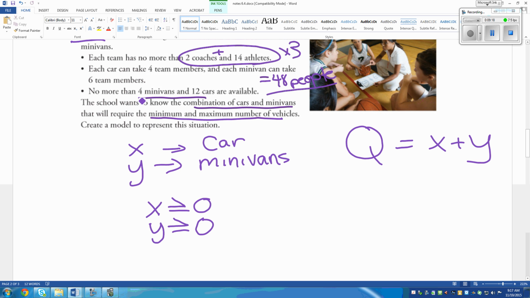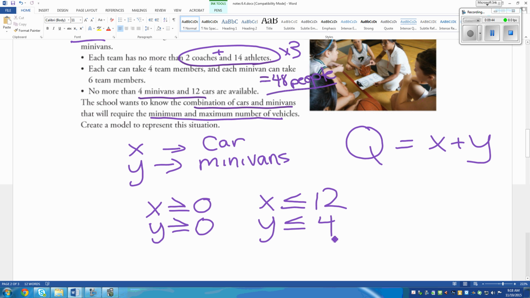There's 4 minivans and 12 cars. So the cars, can they be greater than 12? They have to be less than or equal to 12 for the cars, right? What would it have to be for the minivans? Your minivans have to be less than or equal to 4.